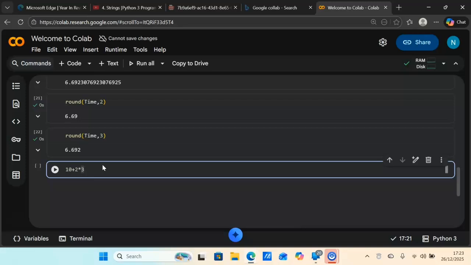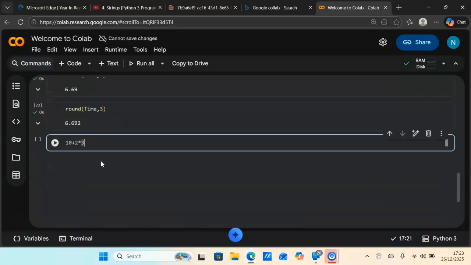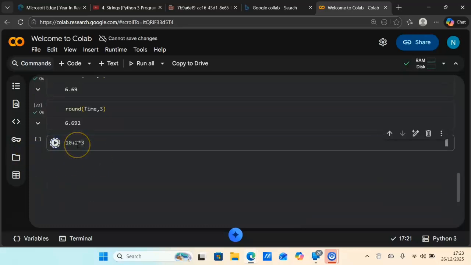But in Python, what Python uses is PEDMAS, just like BODMAS. So when you solve this, you should be getting 16. So what did it do here? It did 2 times 3, which is 6, and then added it to 10.